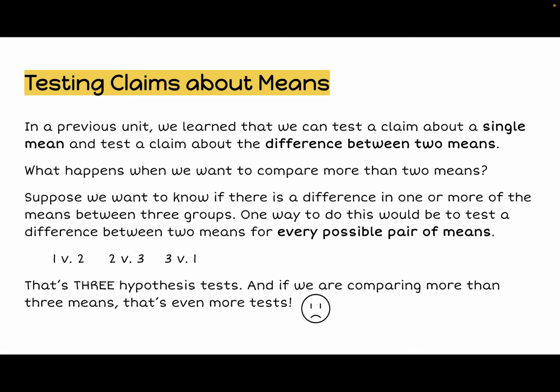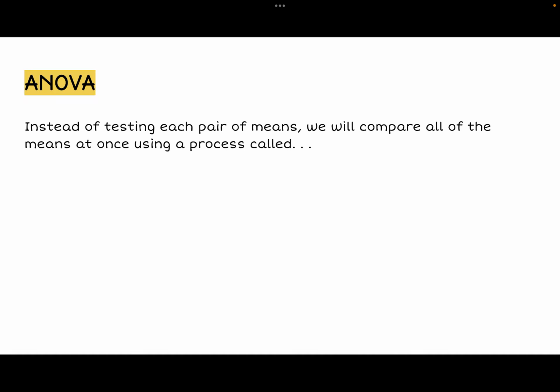The question is, as a statistician, is there a faster way to compare more than two means? And the answer is yes. Instead of testing each pair of means separately, we're going to compare all of them at once using a process called analysis of variance.